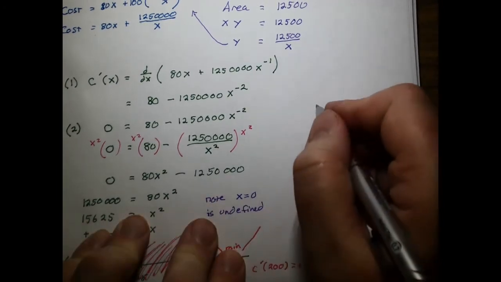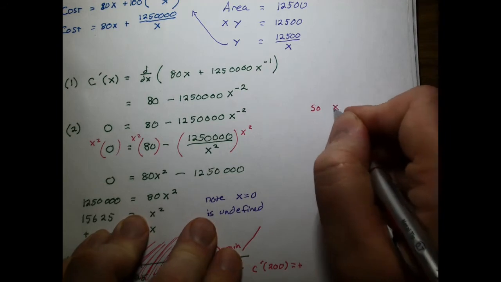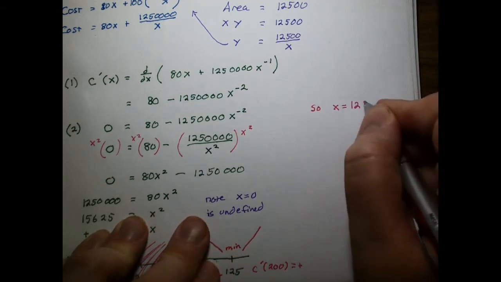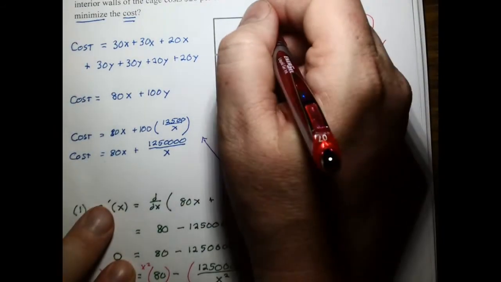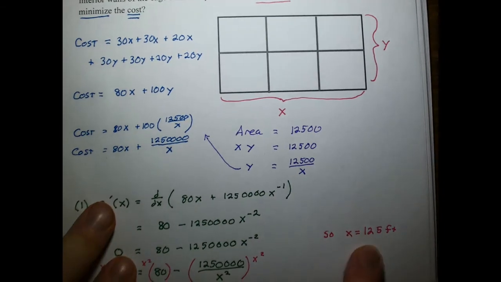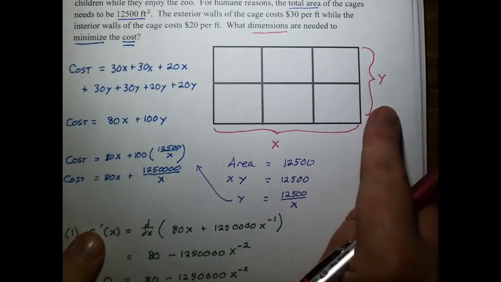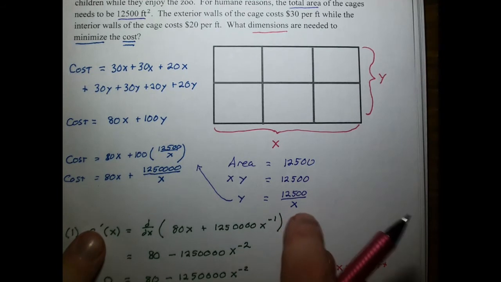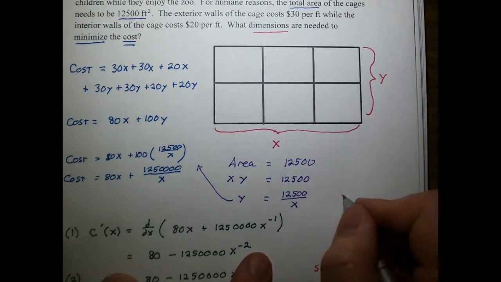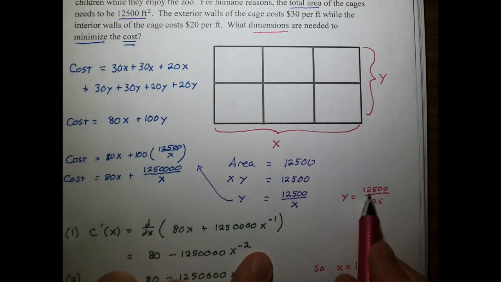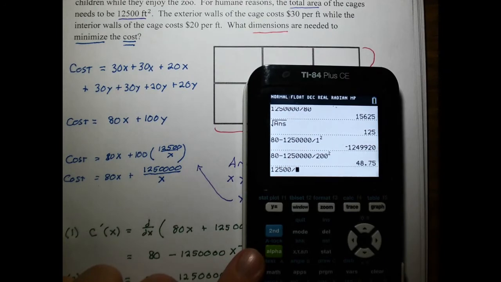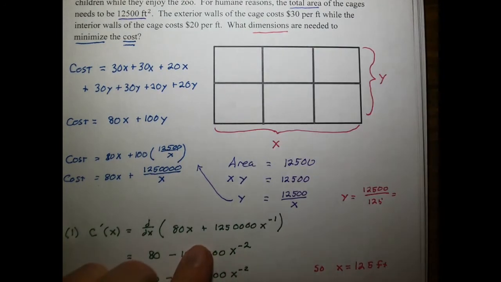All right. So x equals 125 feet. And it did say what dimensions. So that's the x. I probably need the y, but I can use this function right here. So 12,500 over 125 is 100.